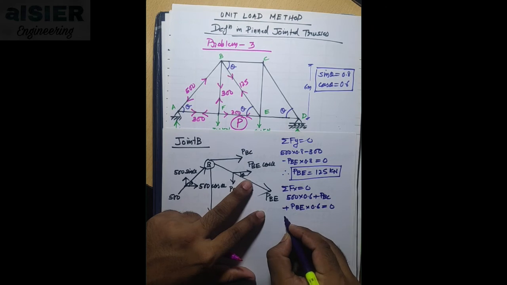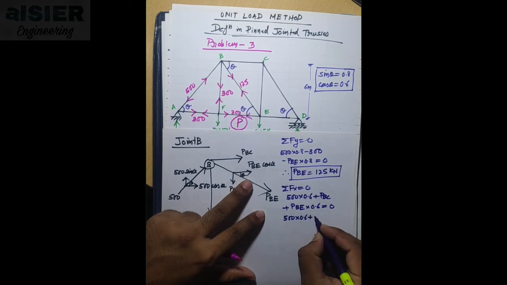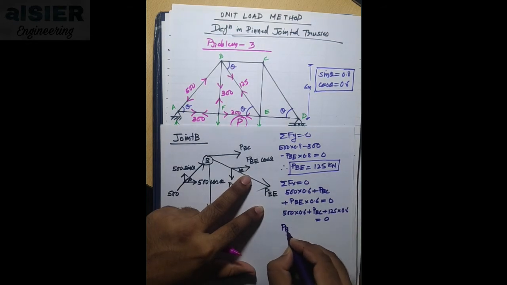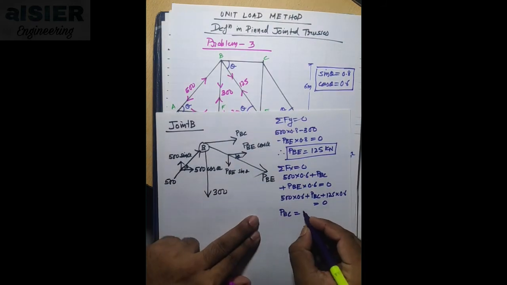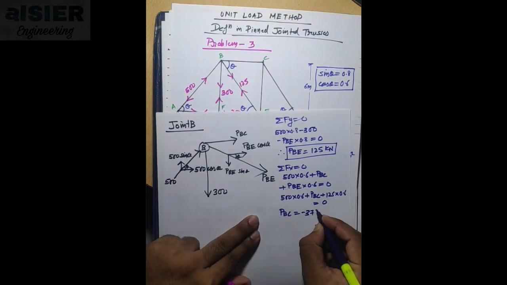Now again 500 into 0.6 plus PBC plus what is value of PBE, it is 125 into 0.6 is equals to 0. Therefore we will get PBC is equals to minus 375 kilonewton.